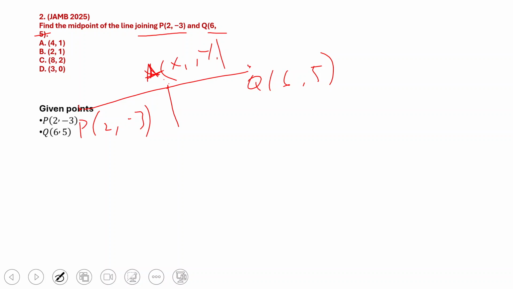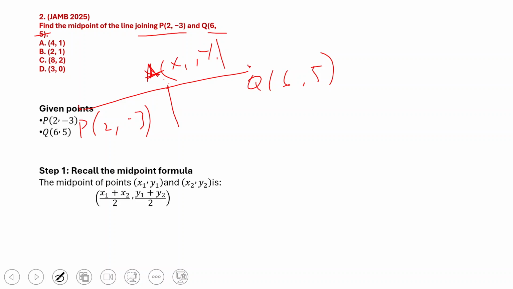The formula for the midpoint is x1 plus x2 over 2, that will give us the x coordinate, and y1 plus y2 over 2 will give us the y coordinate.